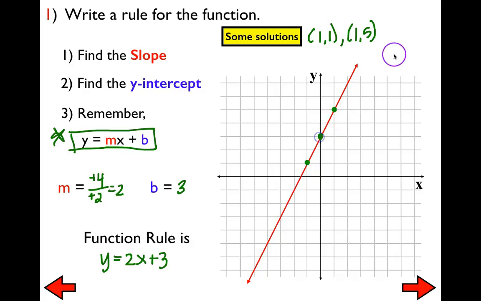Maybe this one would work, which is going to be (0, 3), which is our y-intercept. This would be a solution, which is 2, 1, 2, 3, 4, 5, 6, 7. This would be a solution, this would be a solution, and this would be a solution. So you could essentially write all of them down. Just understand all of these points are solutions to this function rule.